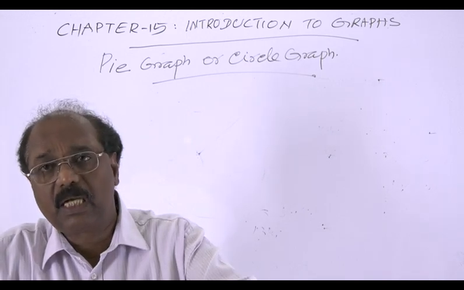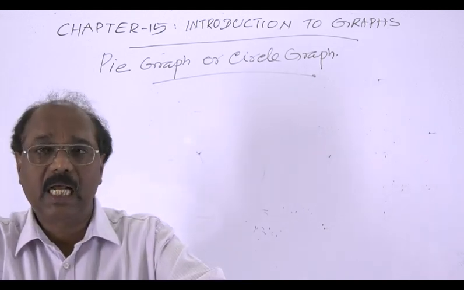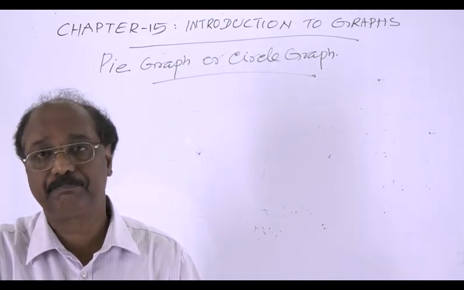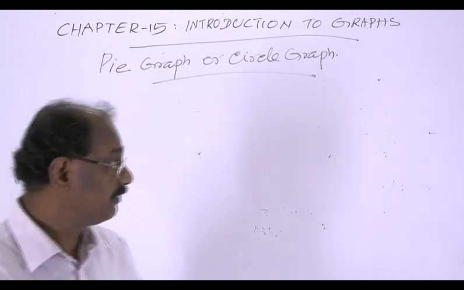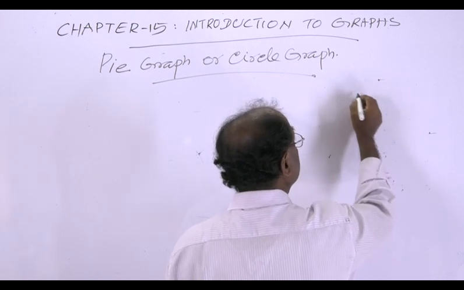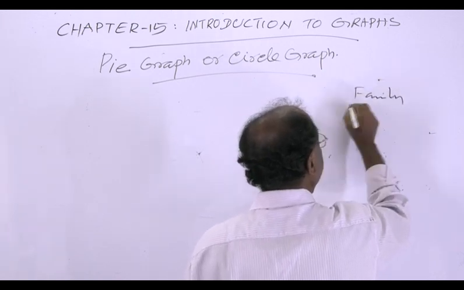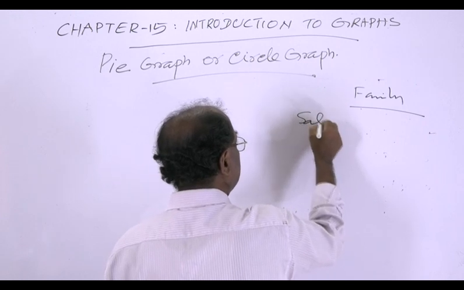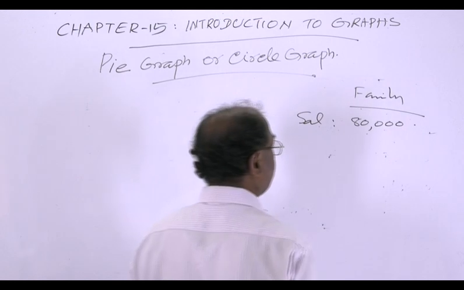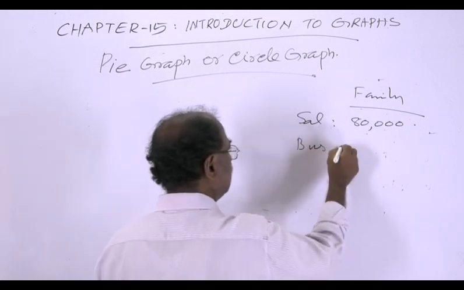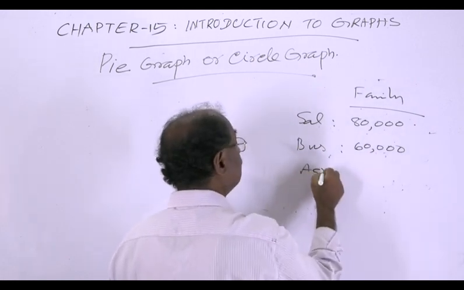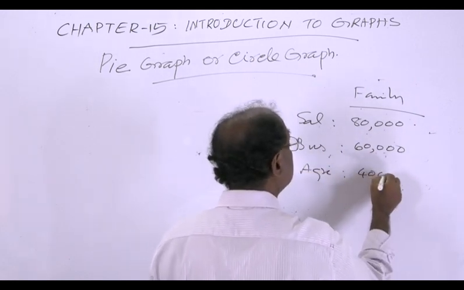So we can have the pie graph using a particular example, in the case of a family. Consider the various incomes. Income from salaries, suppose it is 80,000 annual income. Income from business, say 60,000. Income from agriculture, say 40,000.